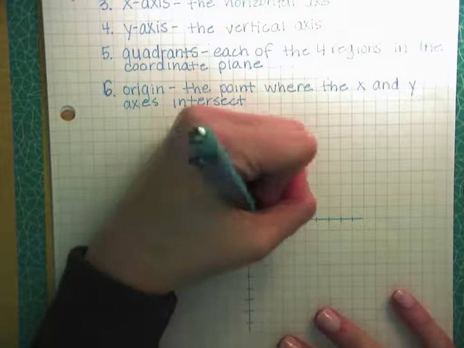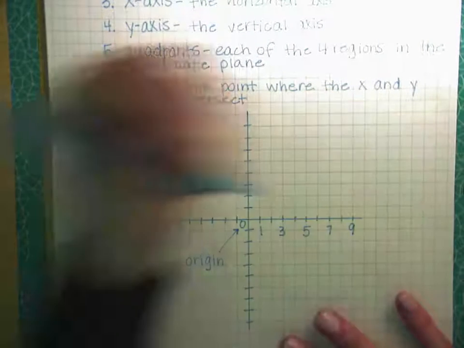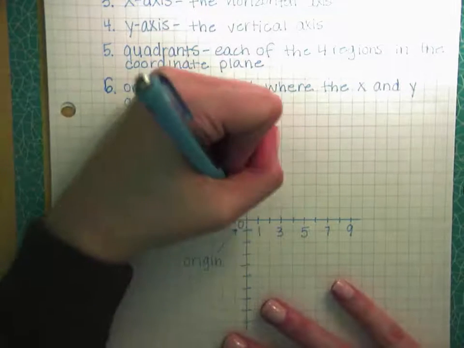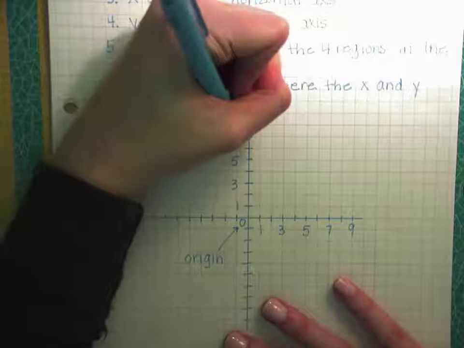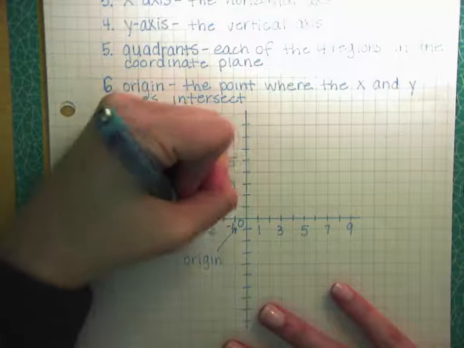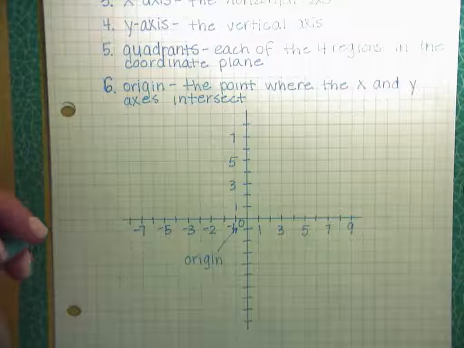Okay, let's also label these tick marks. You don't have to label every single one. You can go every other number. You can do the even numbers. You can do the odd. It doesn't really matter. But you have to remember to label them as either positive or negative.